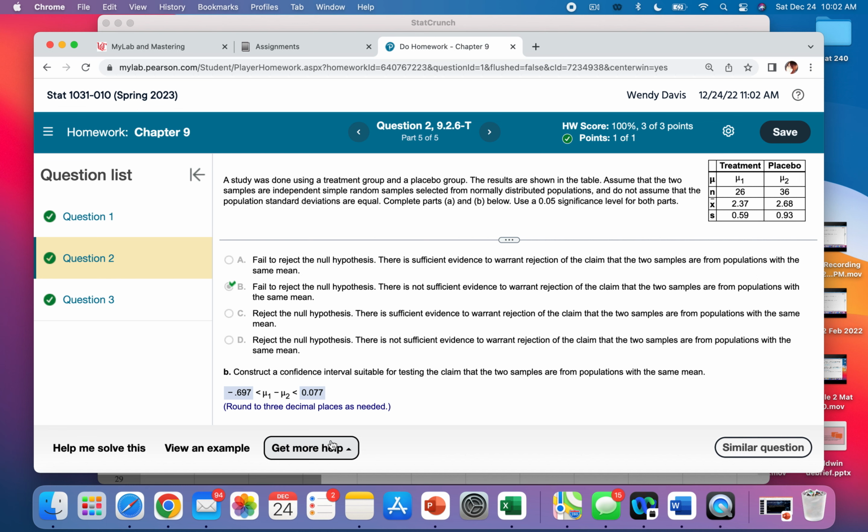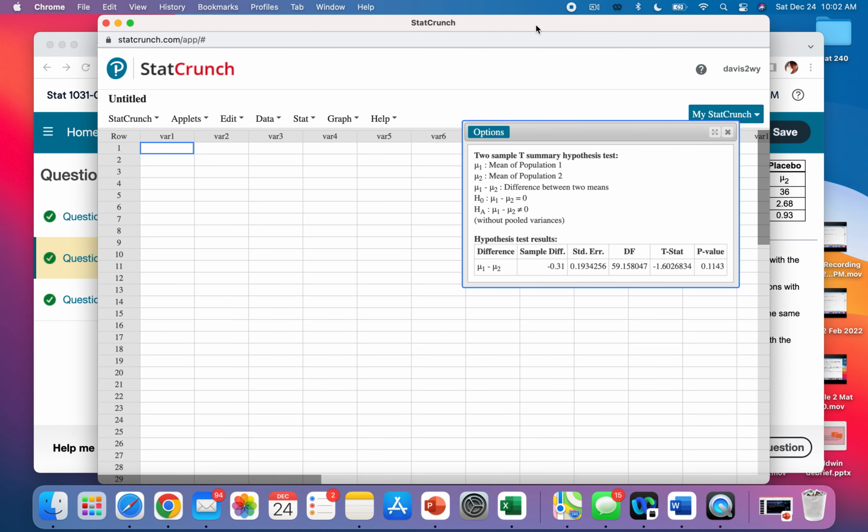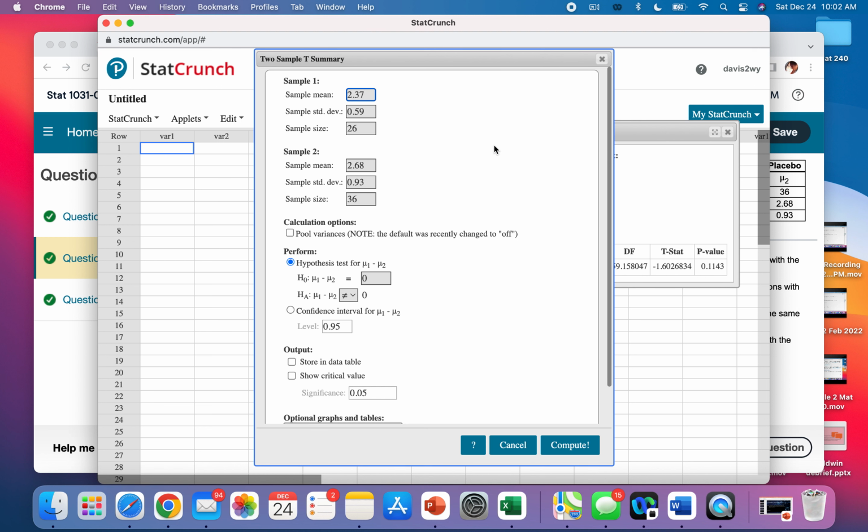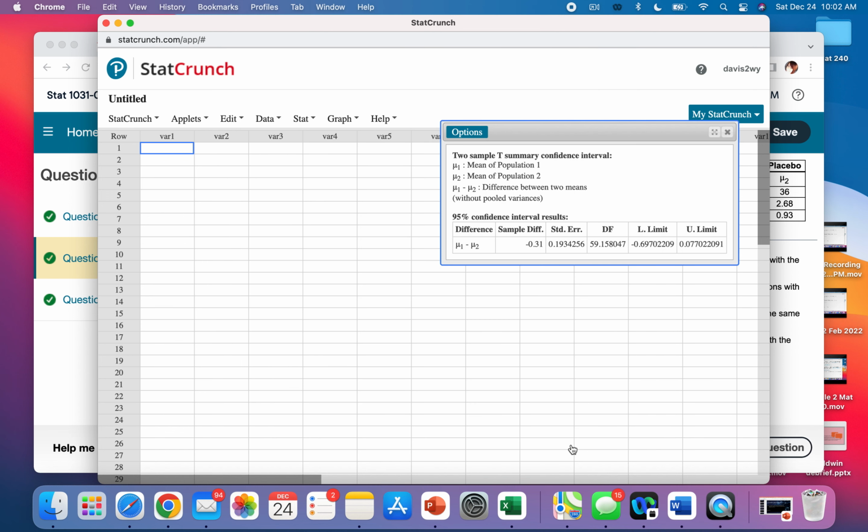So back to StatCrunch. Actually, let's go back up here. I've already got those numbers in, so I can go to Options, Edit. This time click Confidence Interval and hit Compute. The lower limit and upper limit are your answers.